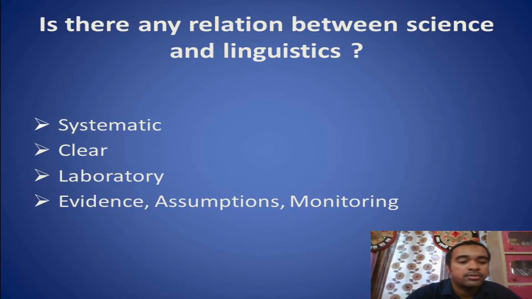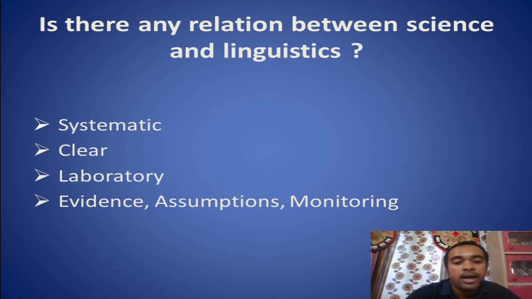Science always cares to give clear results, and it wants to provide accurate information. Similarly, a linguist also tries to provide accurate information related to language. So the word clear is related to both science and linguistics.